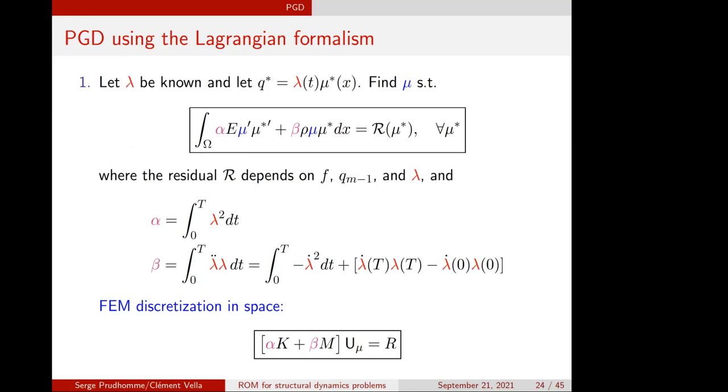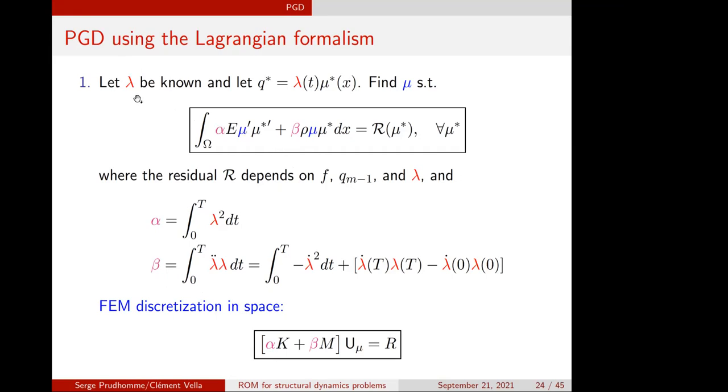I know it may be difficult to follow, but first of all, when we do PGD, we end up with a lot of equations that we need to deal with. So I'm just trying to show you the systems that we obtain when we use PGD. It's kind of involved, and I would like you to bear with me. I'm trying to explain as clearly as possible the different results that we obtain.